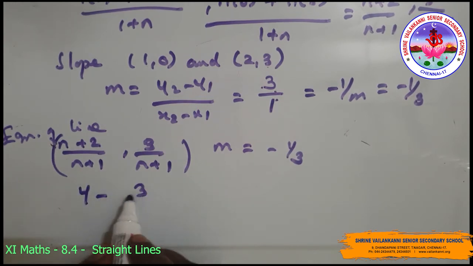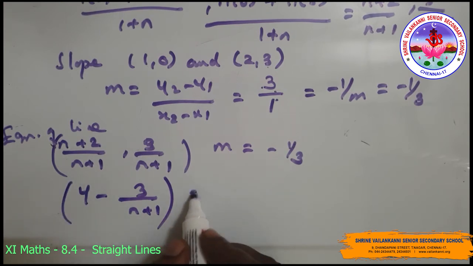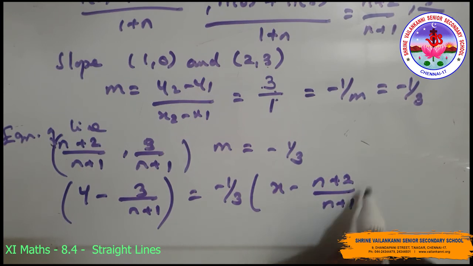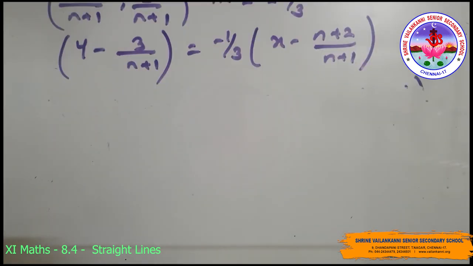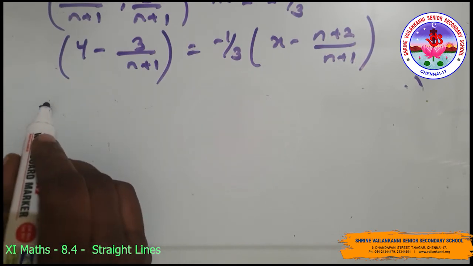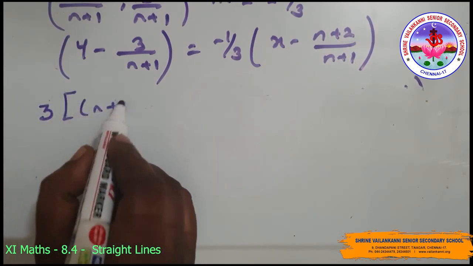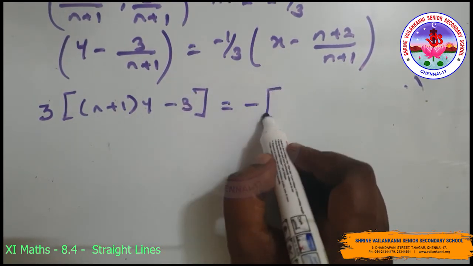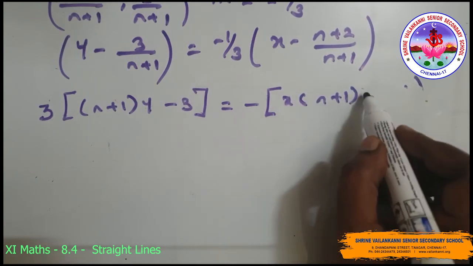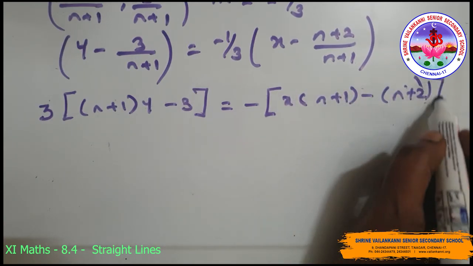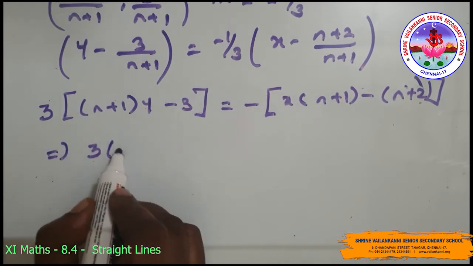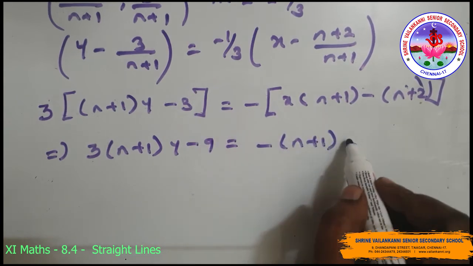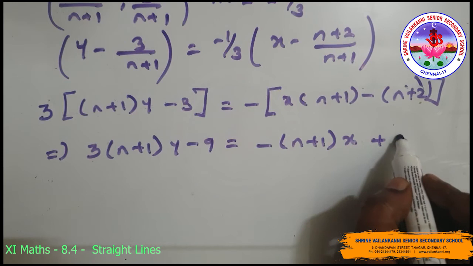So the equation of the line passing through this point with slope minus 1 by 3: y minus 3 by (n plus 1) is equal to minus 1 by 3 into (x minus (n plus 2) by (n plus 1)). Simplifying this, we get 3 into (n plus 1) into y minus 3, which is equal to minus of x into (n plus 1) minus (n plus 2), which is 3 into (n plus 1) into y minus 9, equal to minus of (n plus 1) into x plus (n plus 2).